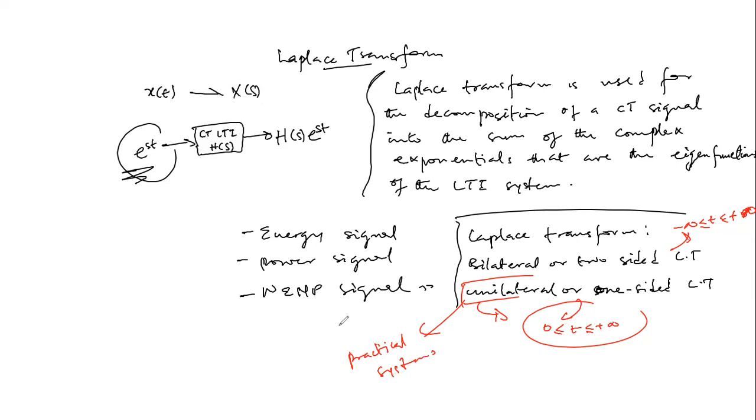Because it is assumed that negative time does not exist. That is, t equal to negative infinity does not exist in practice. So oftentimes, practical systems are analyzed using the unilateral Laplace transform. But to develop an interesting theoretical background, the bilateral Laplace transform may be adopted in our examples.